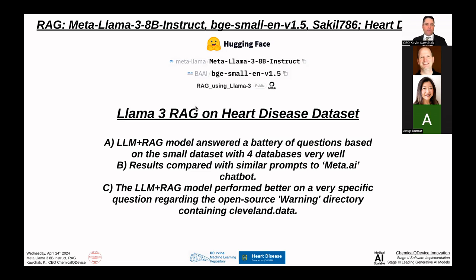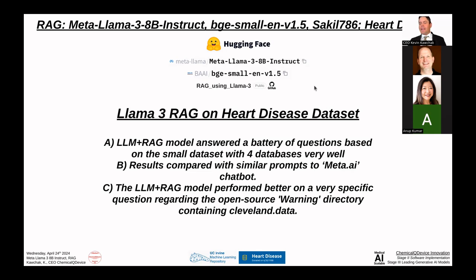So when I did this specific one, I gave it a battery of questions. I get the data set from UC Irvine, I upload it to my Colab, and then I access it through the Colab mount. And when I compared it to the original Meta.ai, they were similar in performance because Meta.ai also saw this heart disease data set.